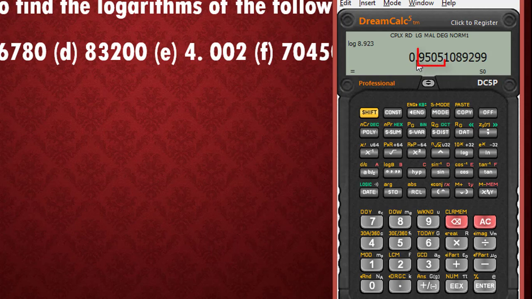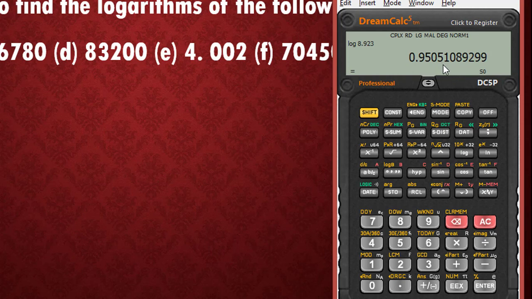What I want to tell you is this 0 is the characteristic. From this point, the 4 digits after the decimal are the mantissa. So we have to approximate to the last 4 digits. The mantissa is always 4 digits: 1, 2, 3, 4. If you need to do any approximation to this 5, you approximate to this last digit of the mantissa.